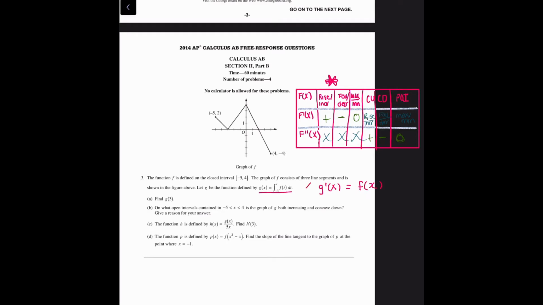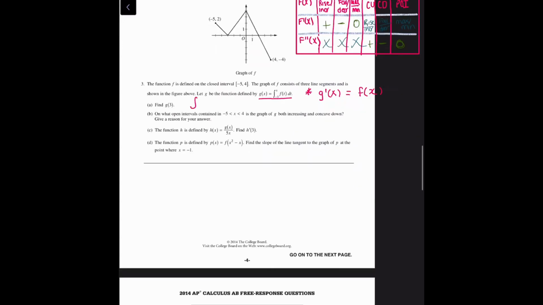And that's a very important relationship you need to see before you begin, and it should be written somewhere in your problem.